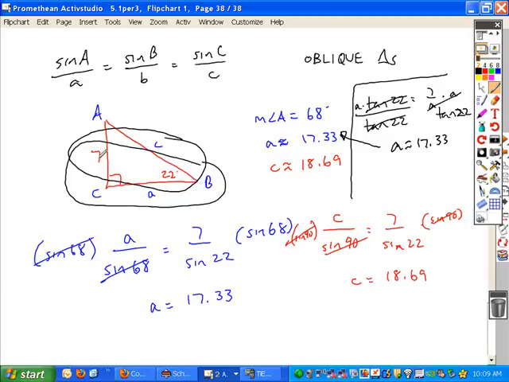And if we wanted to find C, again, we could have done these 3 pieces. We have an angle, side opposite, and a hypotenuse. So which trig ratio would that be? Opposite and hypotenuse is? Sine of 22 is equal to opposite 7 over hypotenuse c. And again, just solve. Multiply by c, divide by sine of 22.